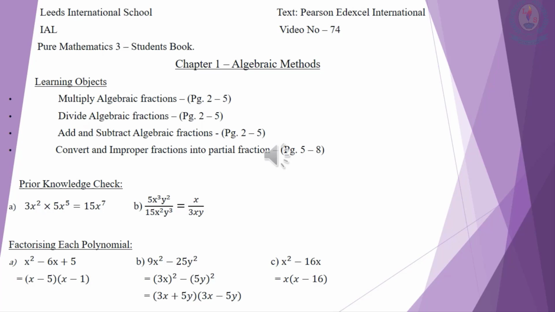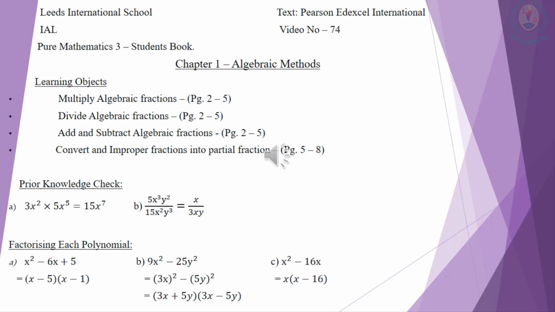Factorizing each polynomial next. Part A, x squared minus 6x plus 5, which gives you 2 factors, x minus 5 into x minus 1.